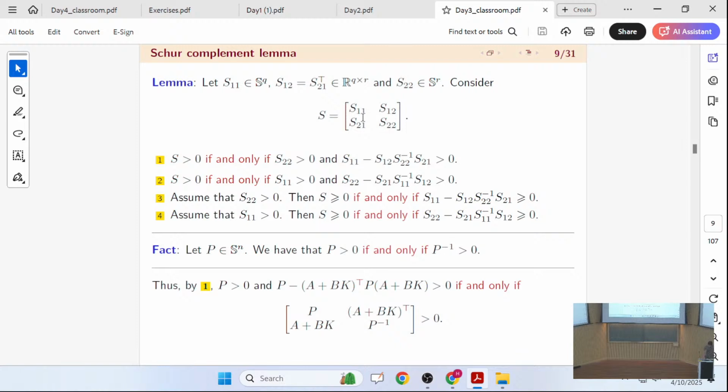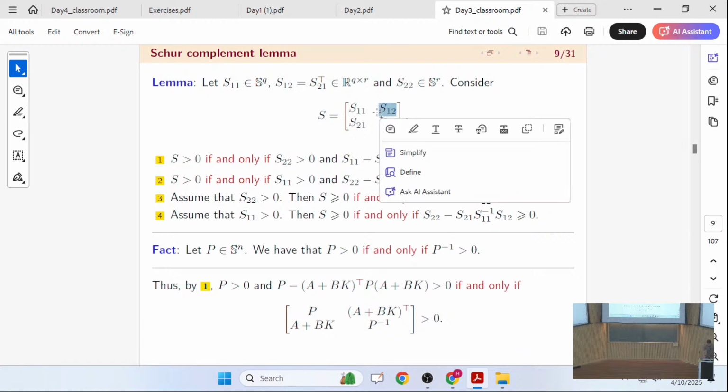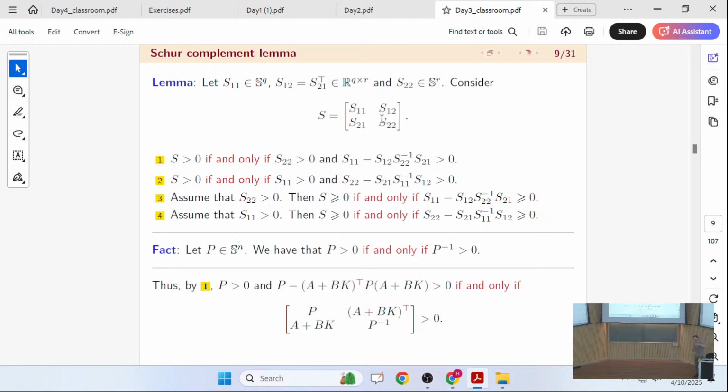So S, you always assume to be square. S11 and S22 are square matrices, yeah. But S12 does not need to be square, right? So S11 and S22 can be of different sizes. Any other questions?